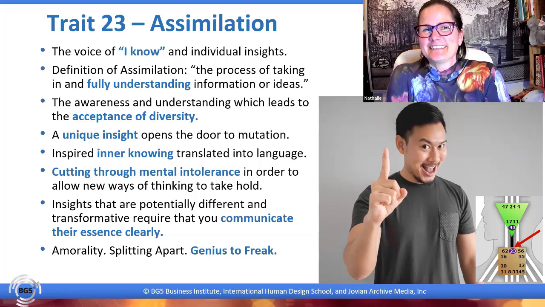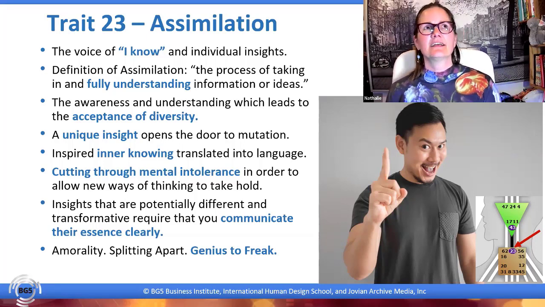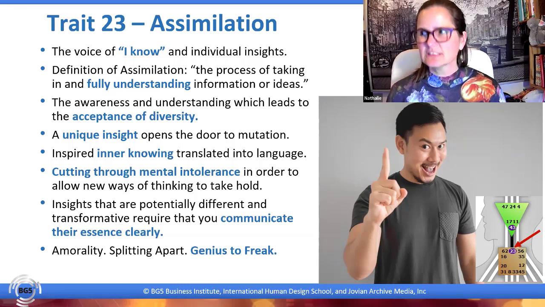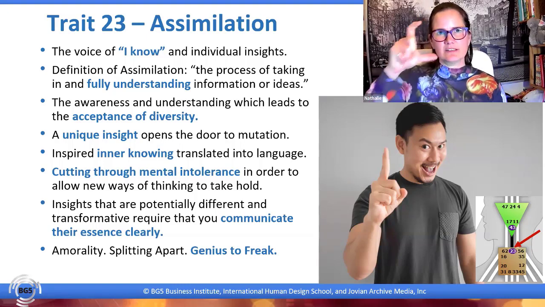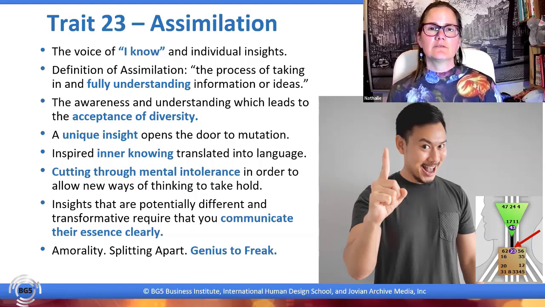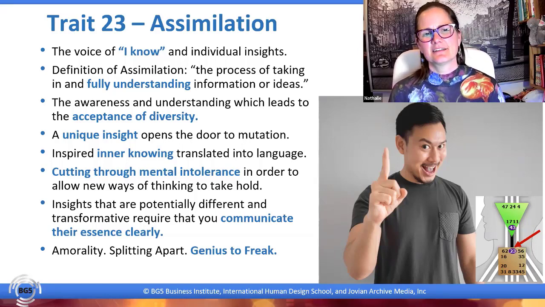So yeah, it's an interesting trait and an interesting strength. And when you have the 23, it's one of the three strengths that actually is opposite in the wheel. So you find it often that people have it either in their life work or in their future and past direction. And then they have the full strength of this: genius to freak, breakthrough insights, sharing about more efficiency.